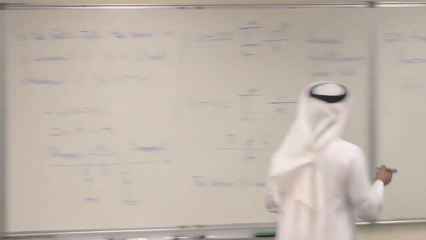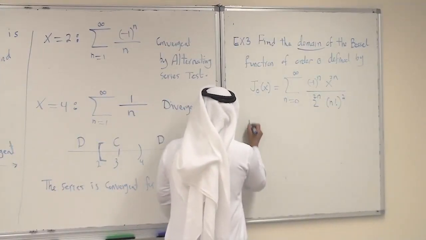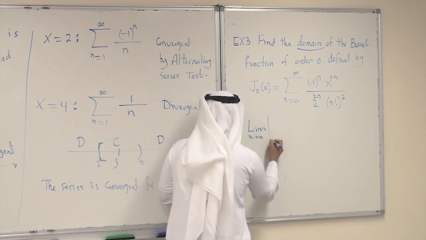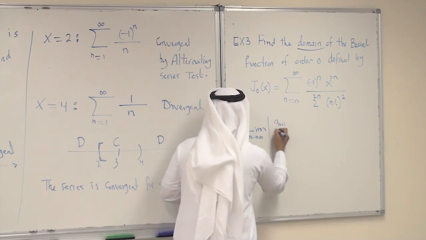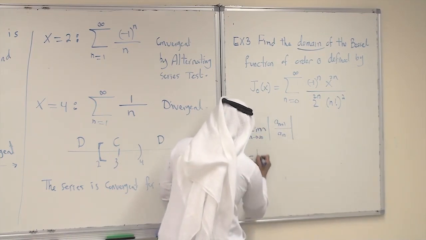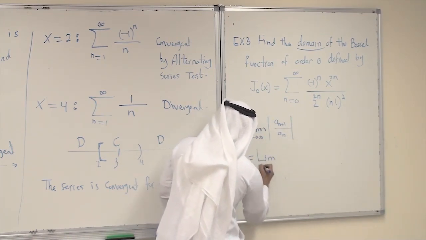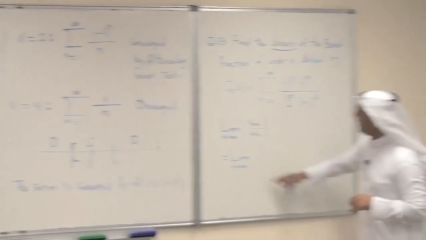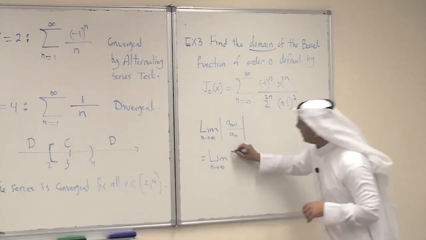Again, we will apply the ratio test. So I need to calculate the limit as n goes to infinity of the absolute value of a_(n+1) over a_n, and that is equal to the limit as n goes to infinity. Okay, fine. What I need to do is to take an absolute value.